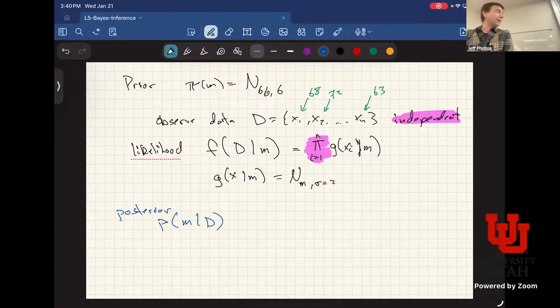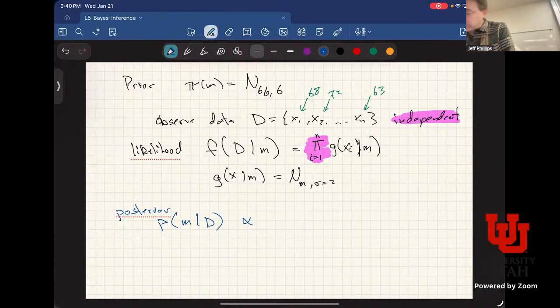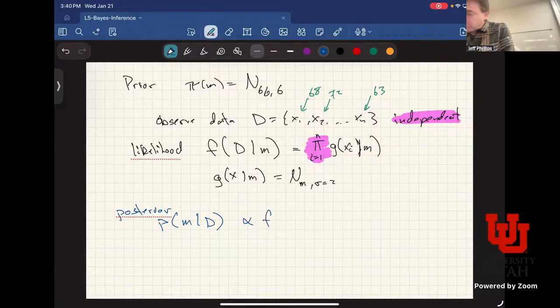This is what we would like to calculate. And we're going to use proportional to, because we don't want to worry about those other terms. This will be proportional to the PDF of the data given the model times the prior.